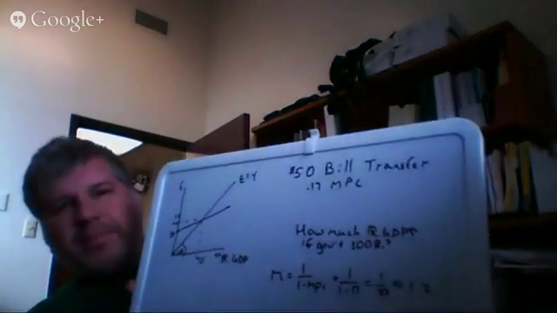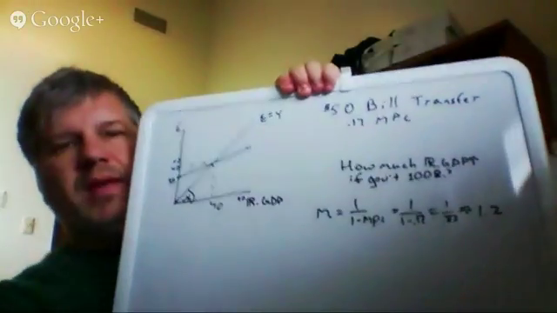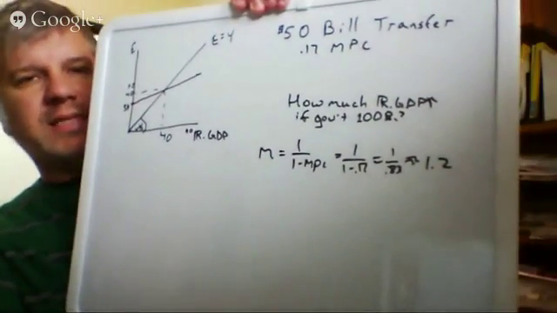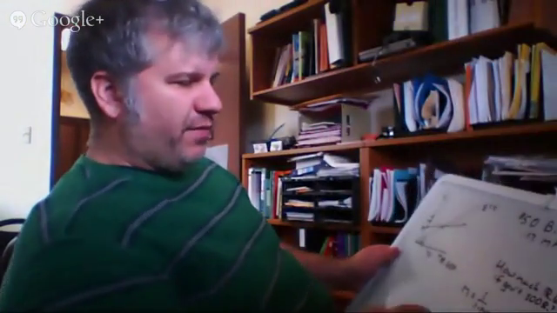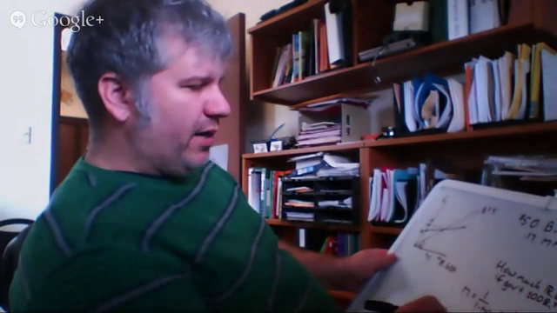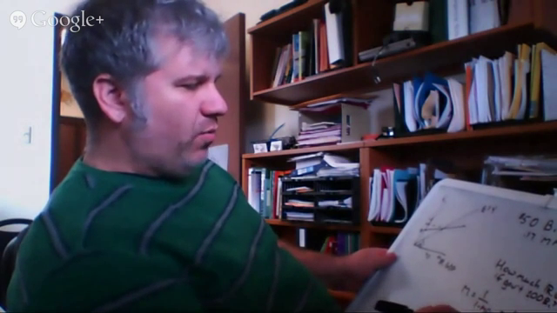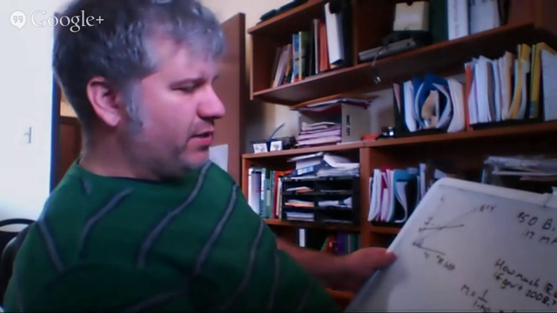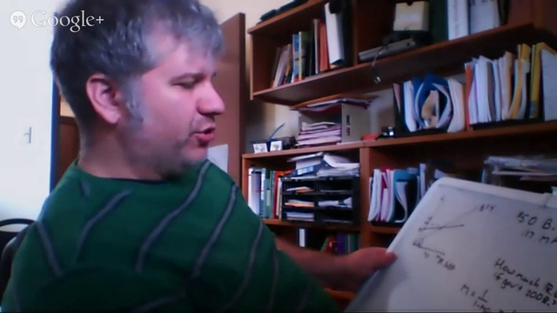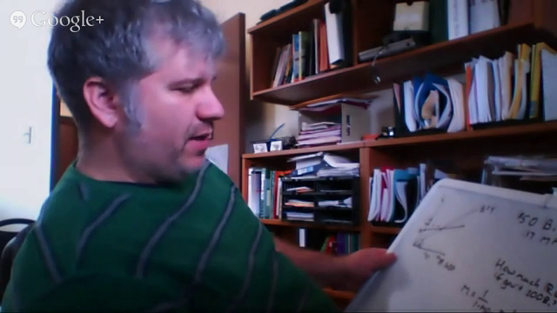This might be the answer you got, right? The problem is that's not the correct answer, because you probably went through and said, okay, now I need to increase government spending by 100 billion times 1.2, and that would be equal to 120 billion.